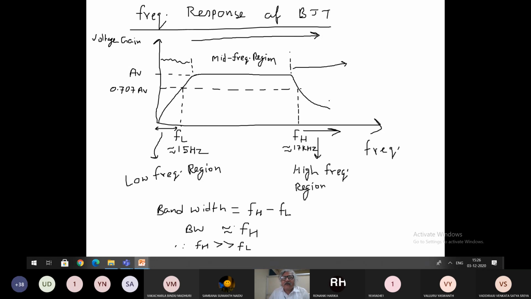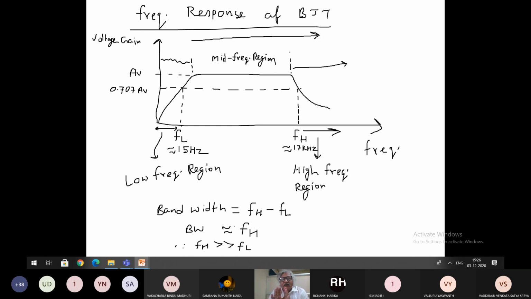Is it due to the bypass capacitor? No, because at high frequency the bypass capacitor offers a short circuit path, so there is no voltage drop across it and you will get full voltage gain.